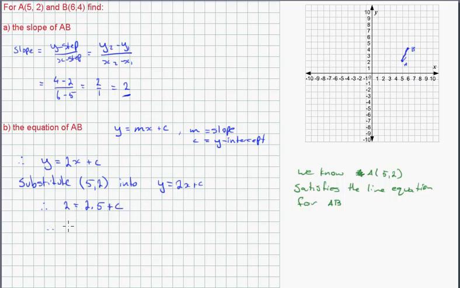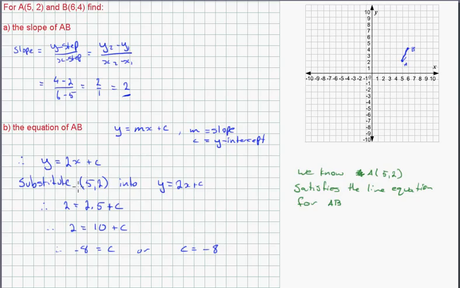And just to expand this multiplication here, 2 times 5 is 10 plus c. And if we subtract 10 from both sides, we get negative 8 equals c, where c equals minus 8.